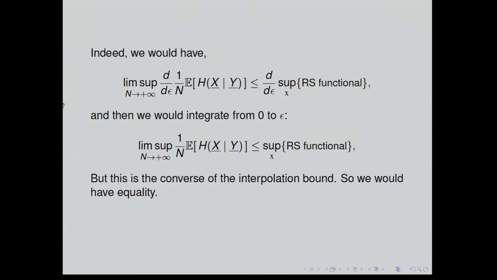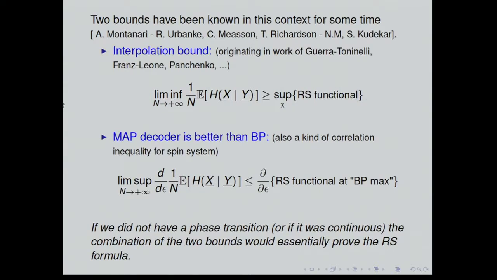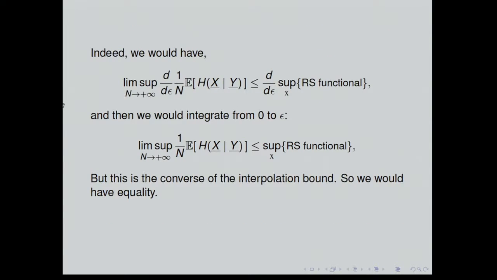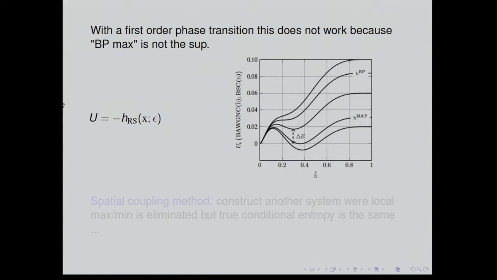Okay. However, when you have a first-order phase transition, you cannot replace this partial derivative by a total derivative. So this doesn't work. Maybe I should have shown this graph before. This is a cartoon picture of this replica symmetric functional that depends on densities here.